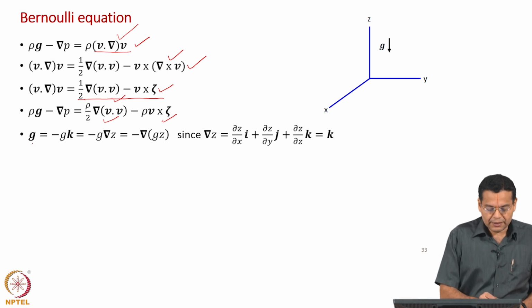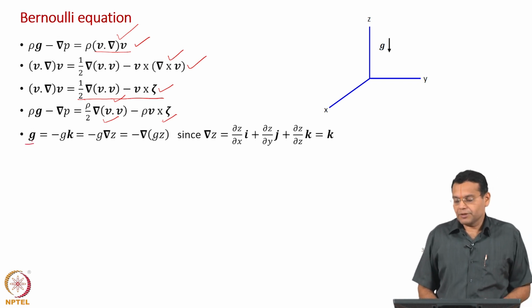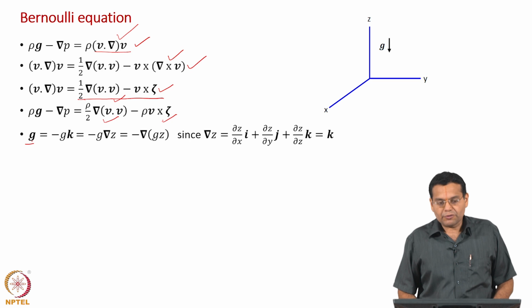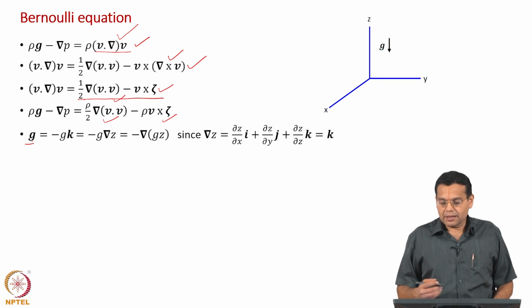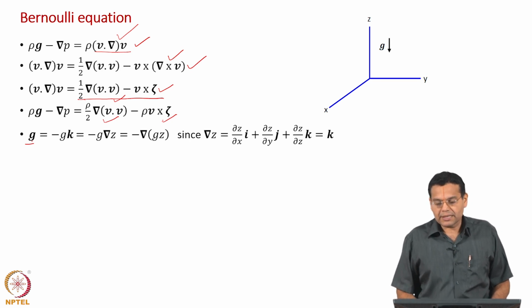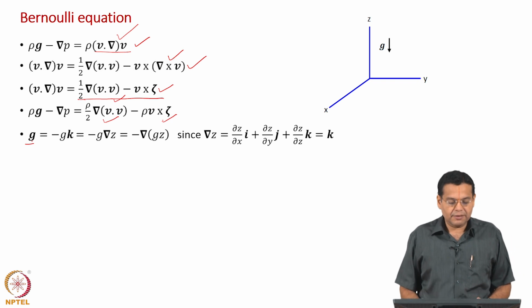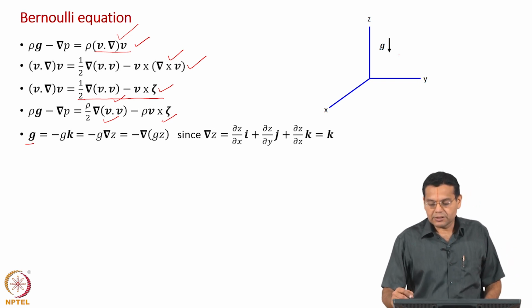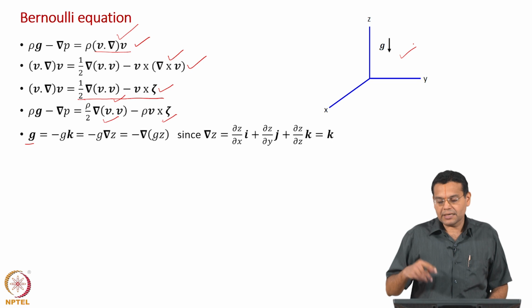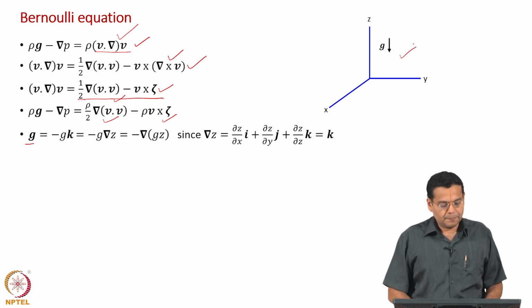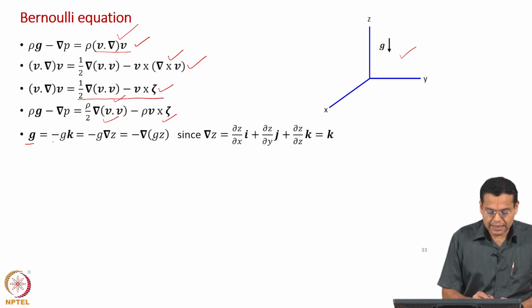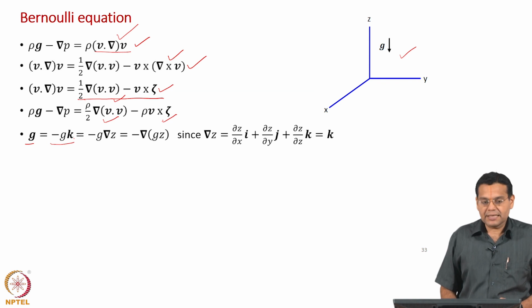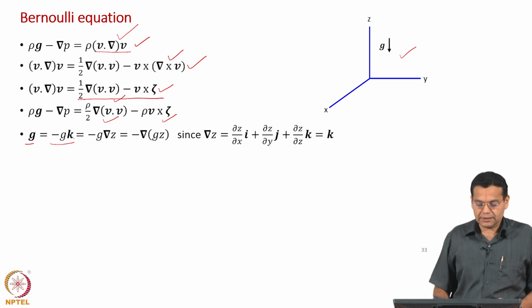To do that we should discuss the choice of coordinate axis. The obvious choice whenever there is elevation is the coordinate axis where z is along the vertical direction. So the g vector can be written as minus g k vector, because g acts along the negative z axis.